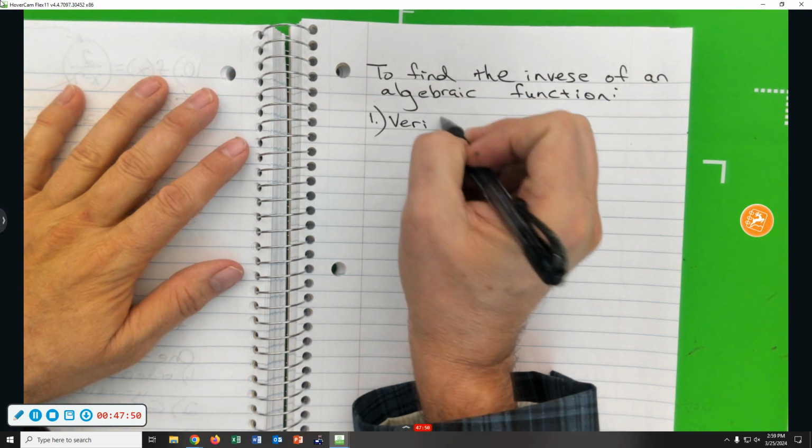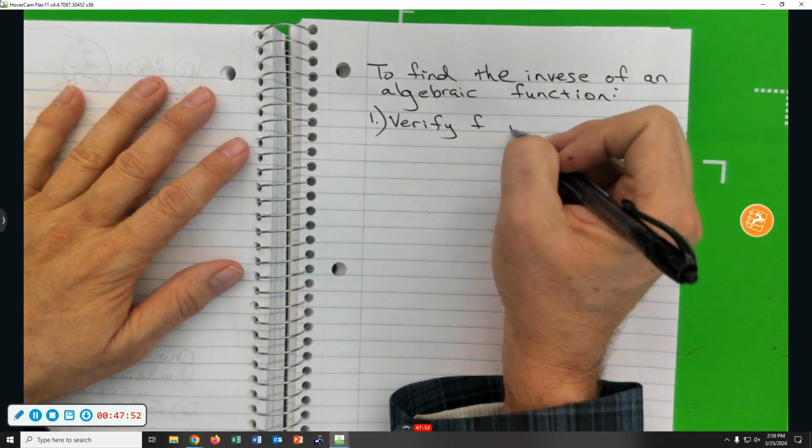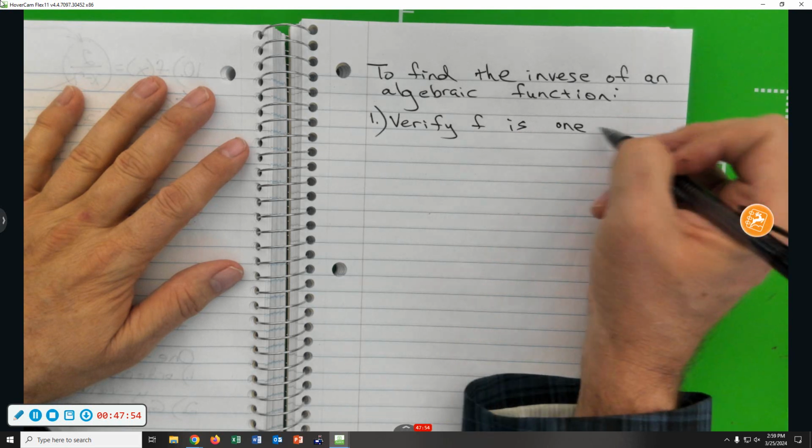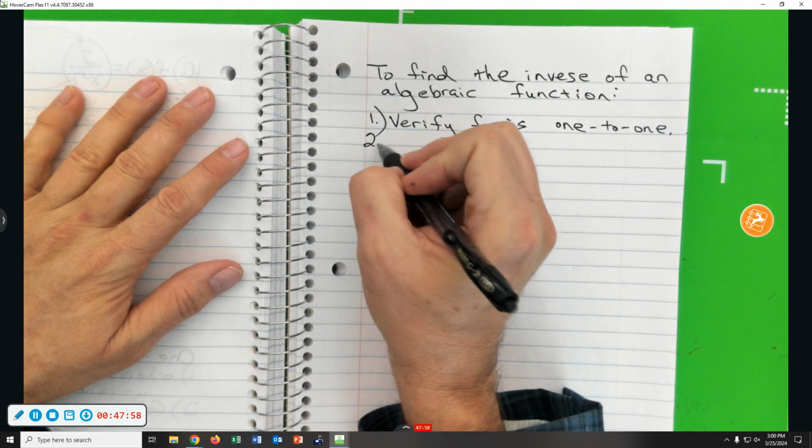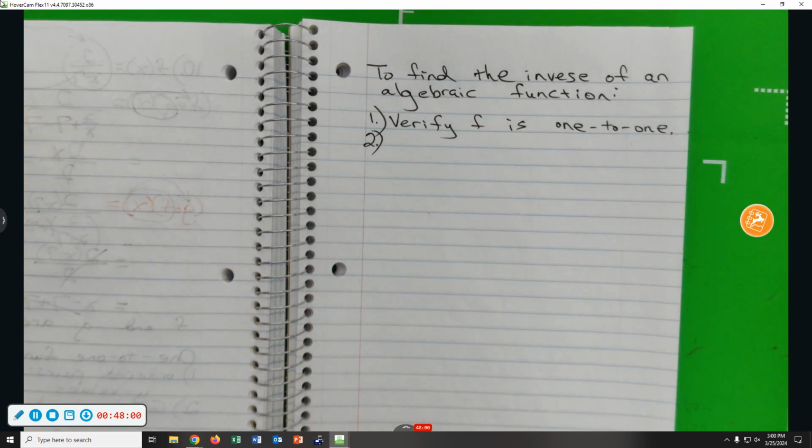Verify f is one-to-one. Number 2, tell me in words. You have an intuitive notion of what an inverse function is. Tell me in words, what does an inverse do? Swap. There it is.